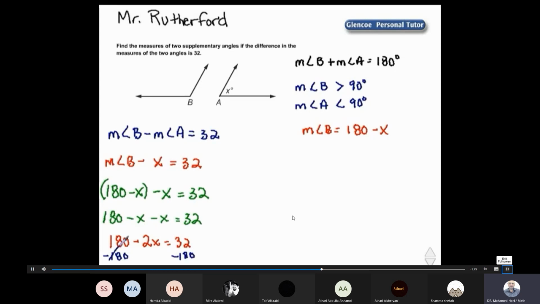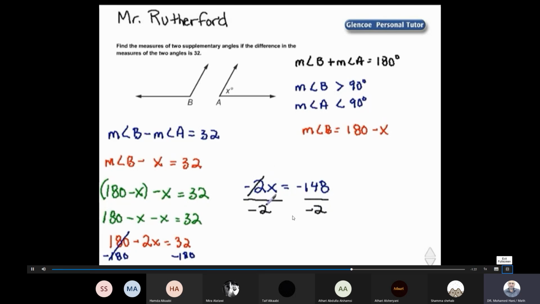So on the left, the 180s will cancel, so we have negative 2x equals 32 minus 180, which is negative 148. Now in order to solve for x, we need to divide both sides of the equation by the coefficient of x, which is negative 2.